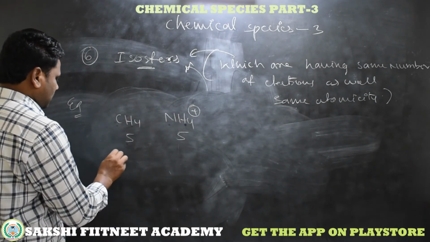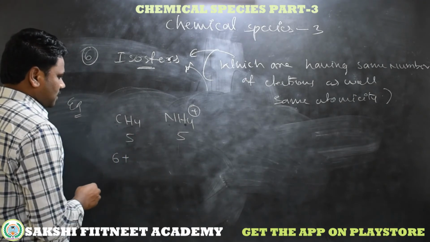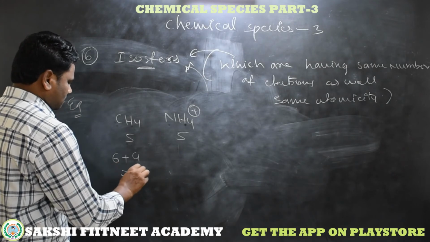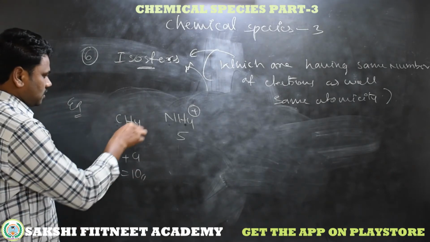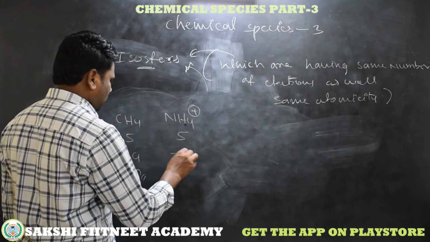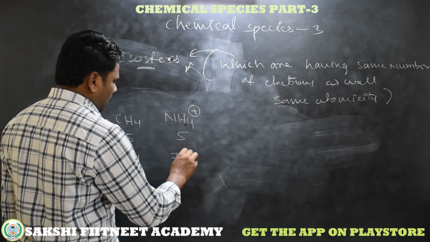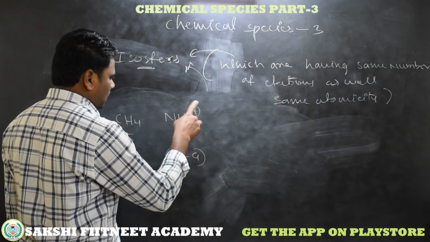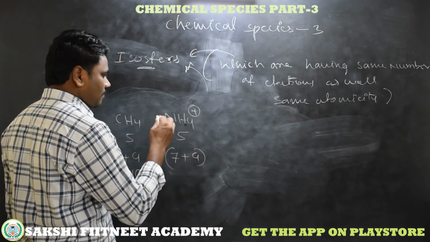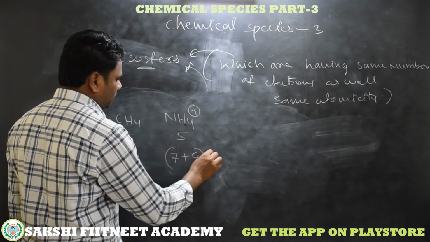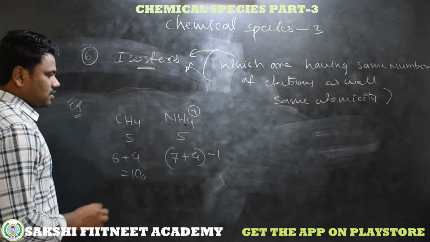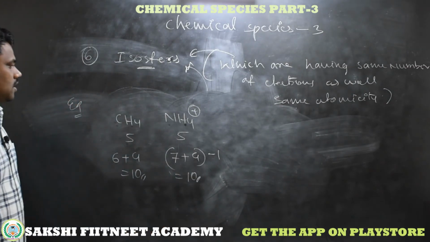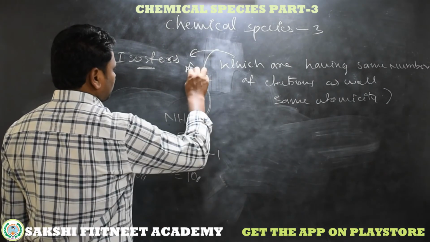Now carbon has 6 electrons, each hydrogen has 1 electron, so 4 hydrogens, 4 electrons, it becomes 10 electrons. Now nitrogen has 7 electrons, and here 4 hydrogens, but the overall charge is +1. +1 means 1 electron is lost, so we need to deduct 1 electron, and it becomes 10 electrons. So these are examples which are isosters.